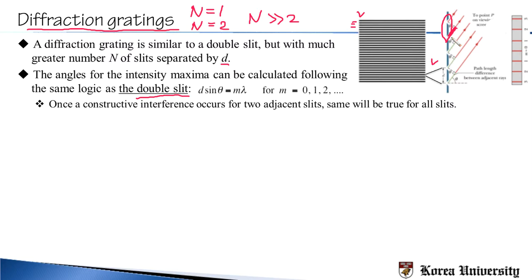And if this is different by lambda, this is another lambda, another lambda, another lambda, because all of them are at the same distance, right? So therefore, if one pair of light rays or one pair of slits satisfy the constructive interference condition, then all others will simultaneously satisfy the same condition. So therefore, the result just looks like the case of a double slit. So this is simple.